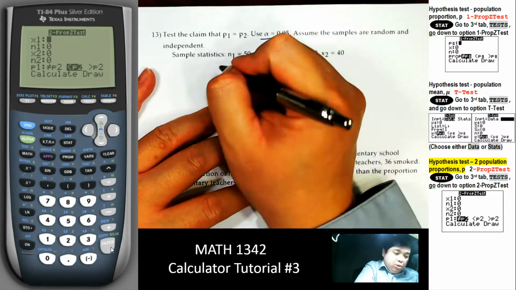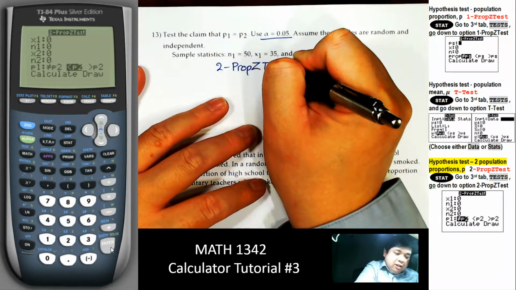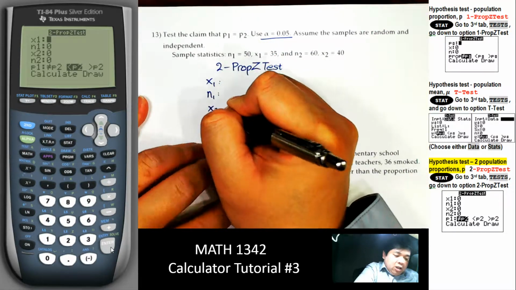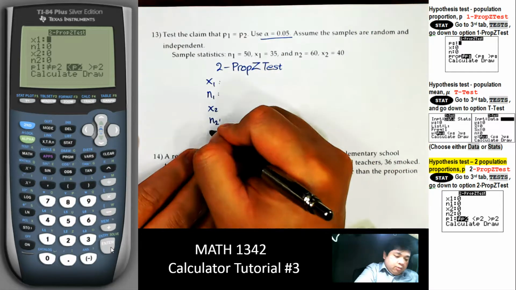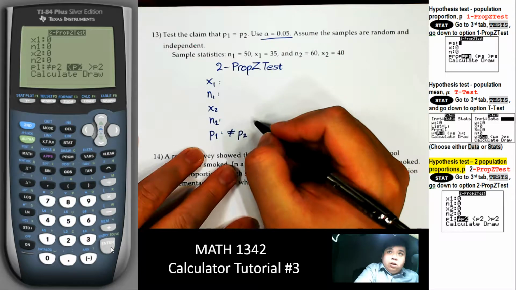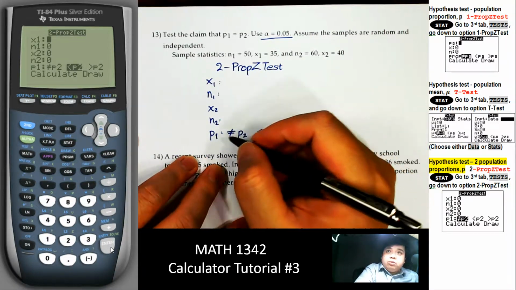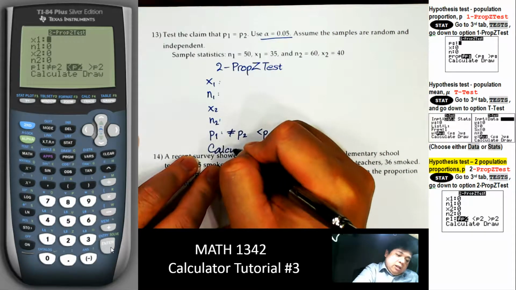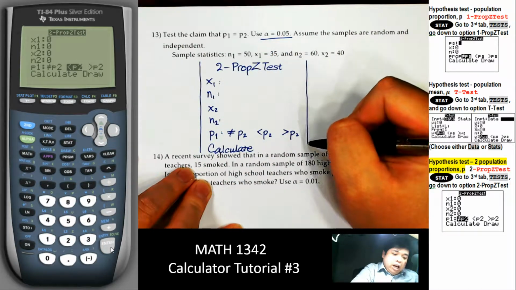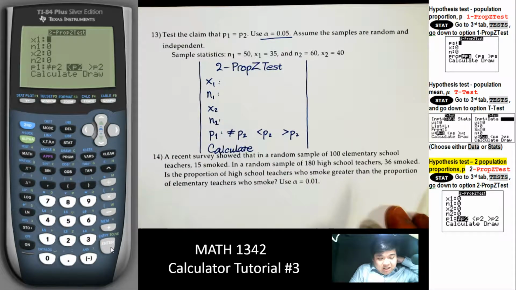Alpha is there also. x1, n1, x2, n2, p1 not equal to p2, less than p2, greater than p2, and calculate. That is what we have on the calculator menu. We have two proportions and we use the z-test.